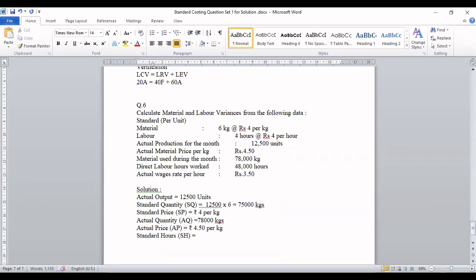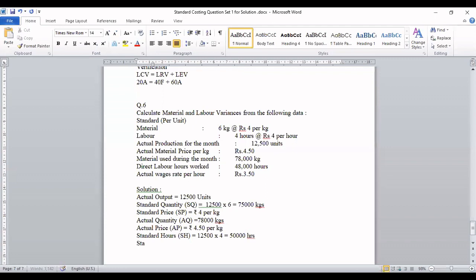How many units have you made, beta? 12,500. So what will be the standard hours? 12,500 multiplied by 4, it is coming to 50,000 hours.